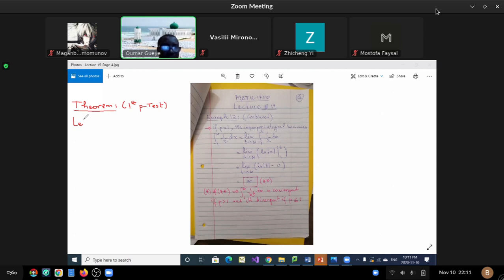So here I'm going to let a be a number which is greater than 0, and let p be any real number. So this means let p belong to R. So p could be any number.